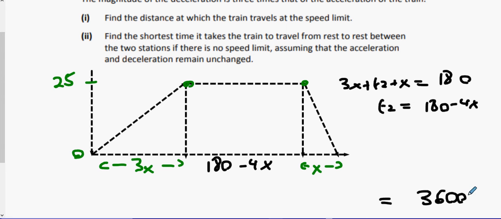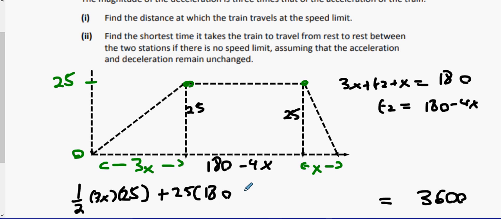So we do the area of each section: 3x times 25, plus 25 times 180 minus 4x, plus 25 times x.